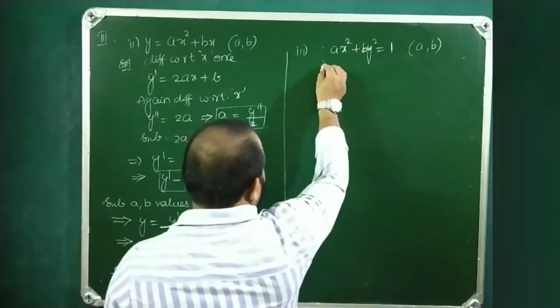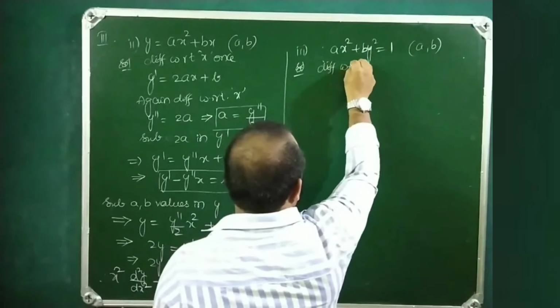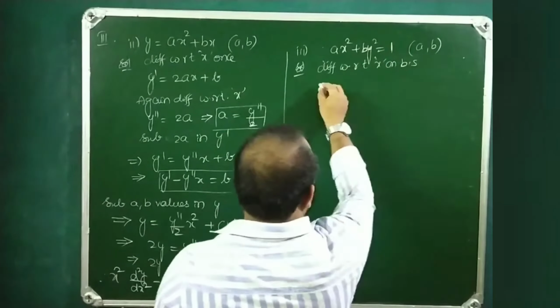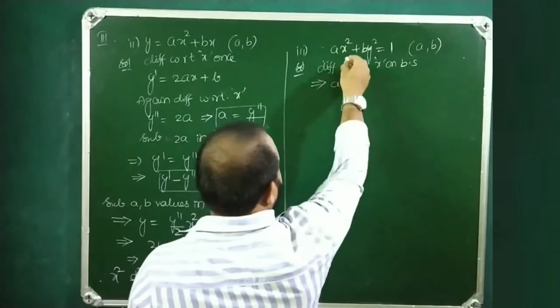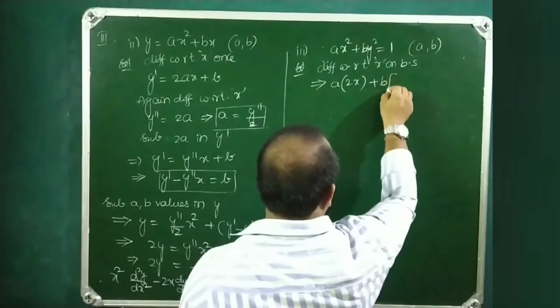Differentiating with respect to x on both sides, a x² derivative is 2x, plus b y² derivative is 2y.